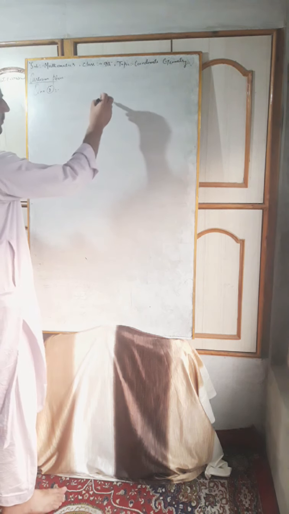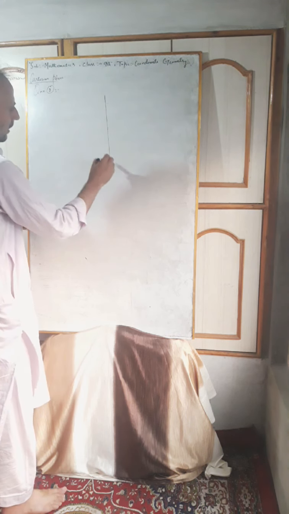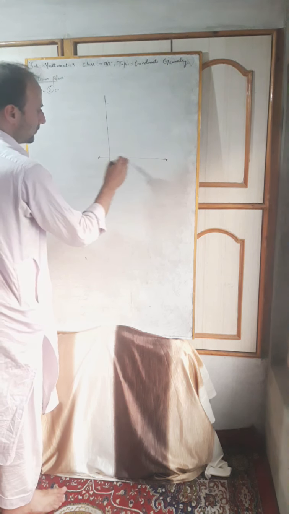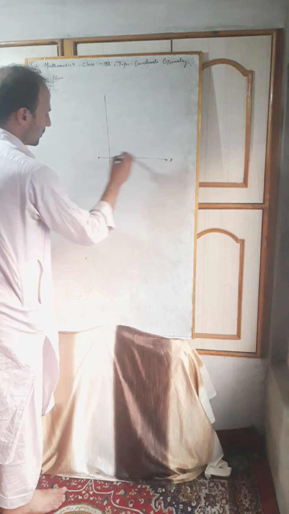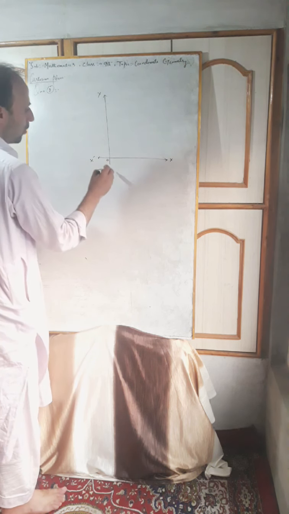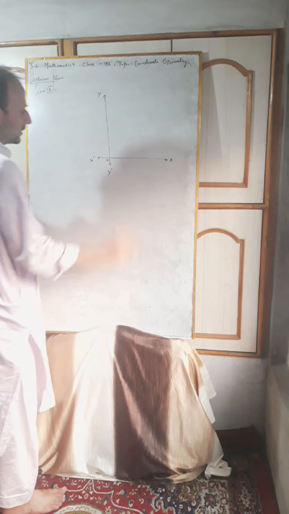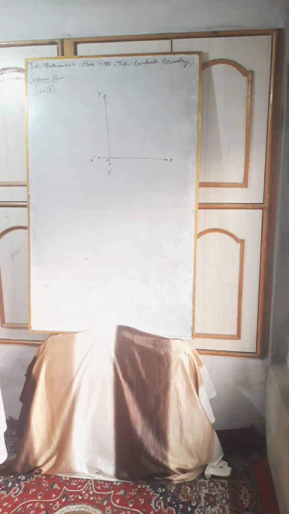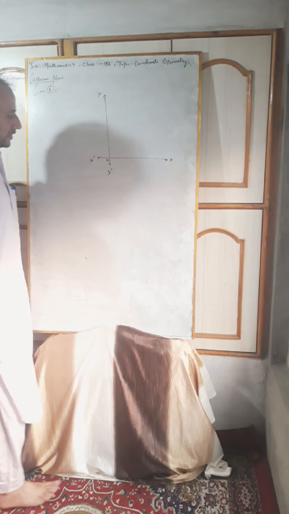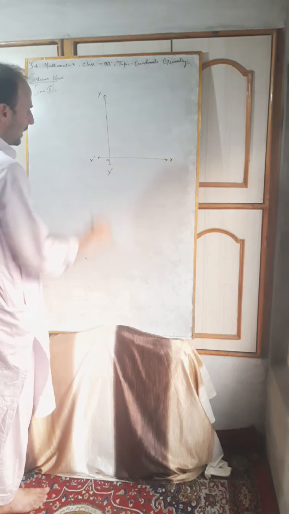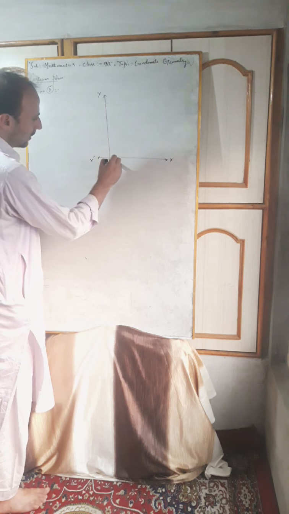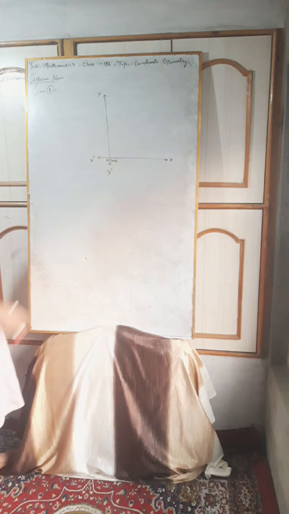For that, we will consider the top of the table and we will consider it to be the axes. For example, it is X O X dash, and here it is Y O Y dash. These OX and OY intersect at the point O, whose coordinates we consider to be 0, 0, and it is known as the origin.